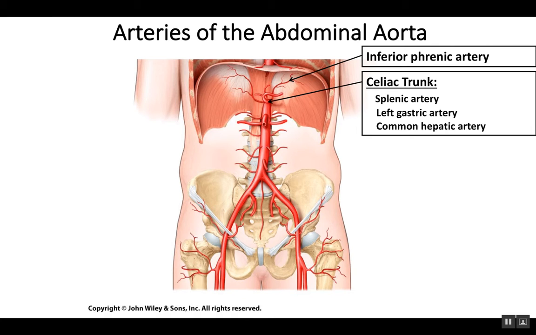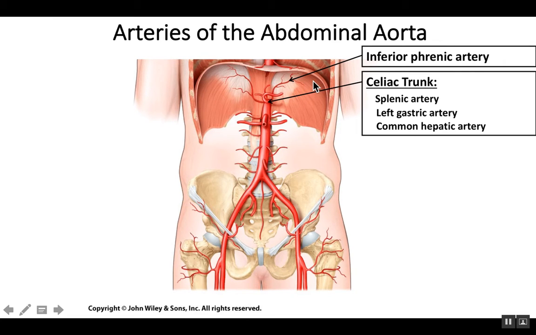The three major branches off the celiac trunk are your splenic artery, which you can imagine goes to the spleen. And if you recall, your spleen is going to be located in this upper left quadrant here. So this branch here must be that splenic artery going to the spleen.